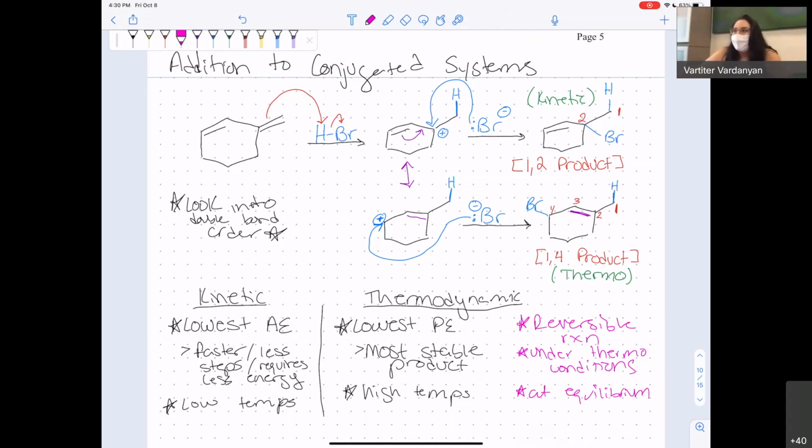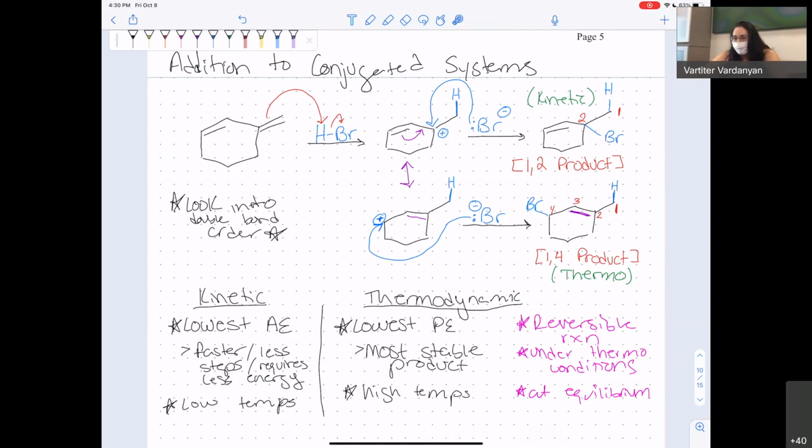Another way you could say that is that if a reaction is reversible or it's at equilibrium, that means that the most stable product is formed the fastest.